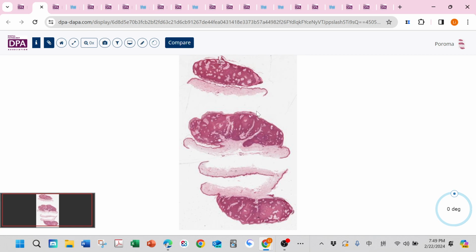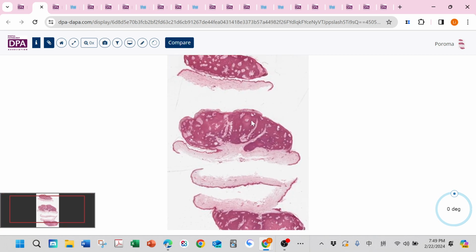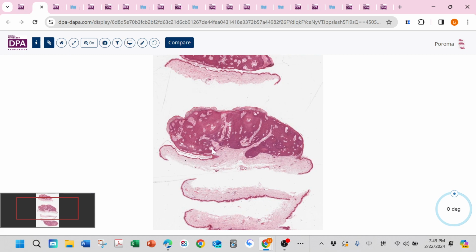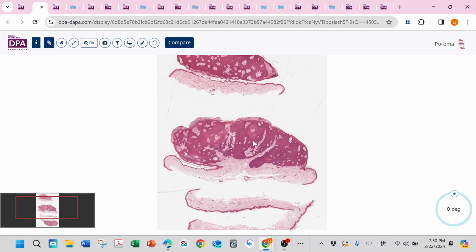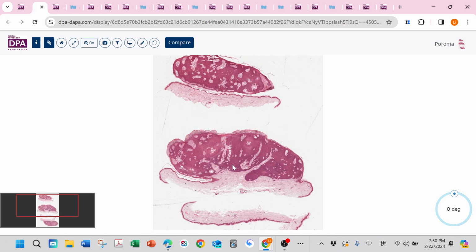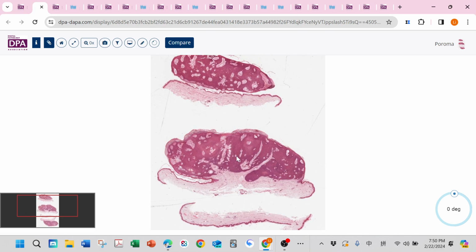Another poroma. Even in low power, we know this is a nodule, exophytic, and the dermal component has some connection to the epidermis, in an anastomosing pattern.